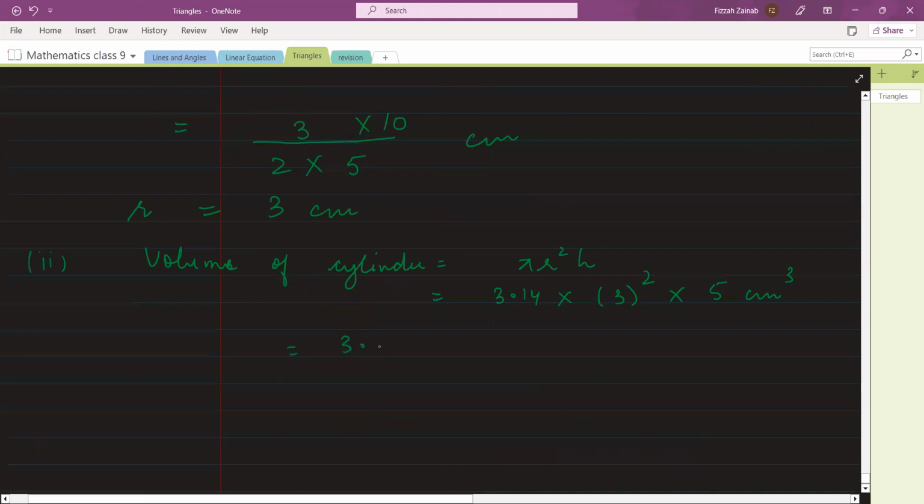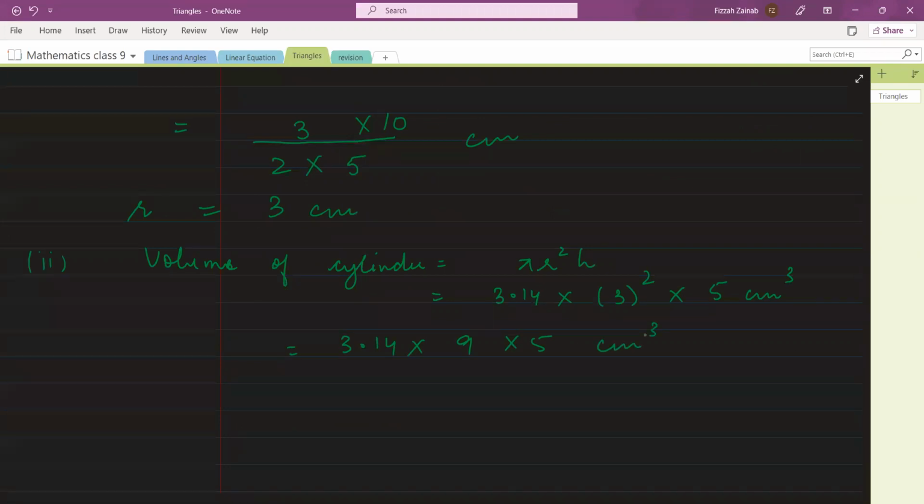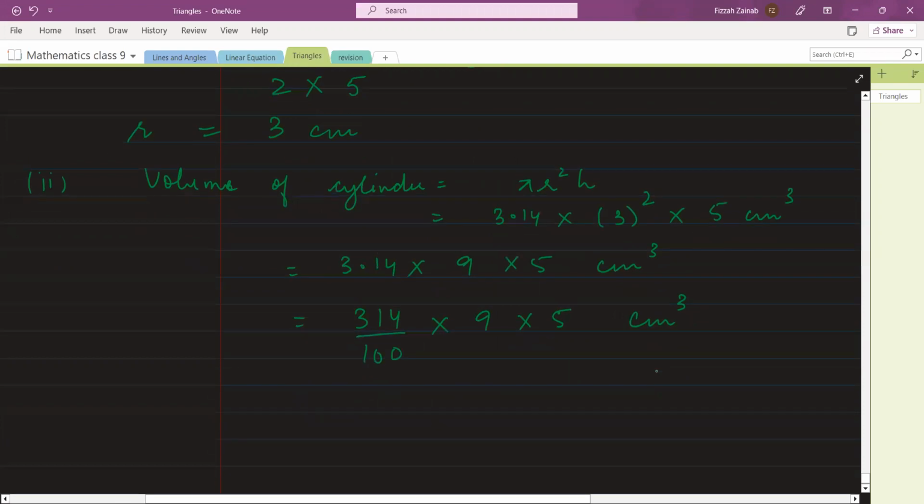So 3.14 into 9 into 5 centimeter cube. Now you have to multiply. So 314 divided by 100 and into 9 into 5 centimeter cube. Now please multiply the numerator.